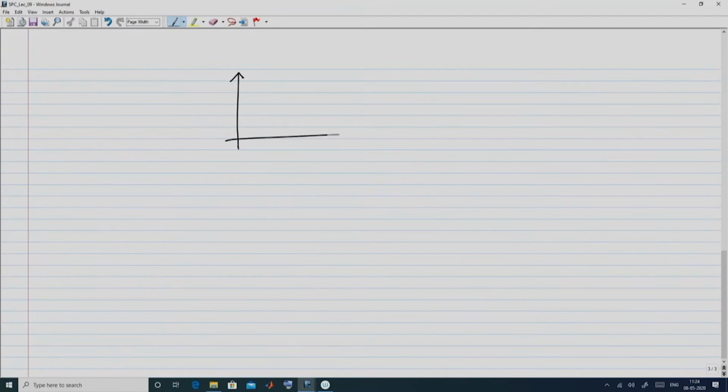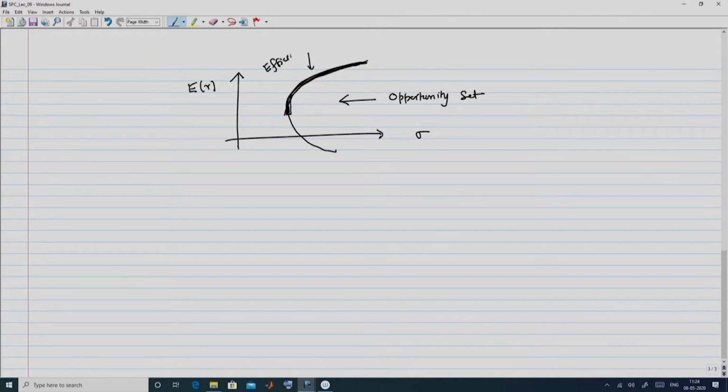So, let us revisit this graphically. Graphically again we look at the sigma ER diagram, and then we look at the opportunity set. Remember that this entire thing is the opportunity set, and I am looking at the case where short sales are allowed. Then the efficient frontier is going to be this part of the opportunity set.